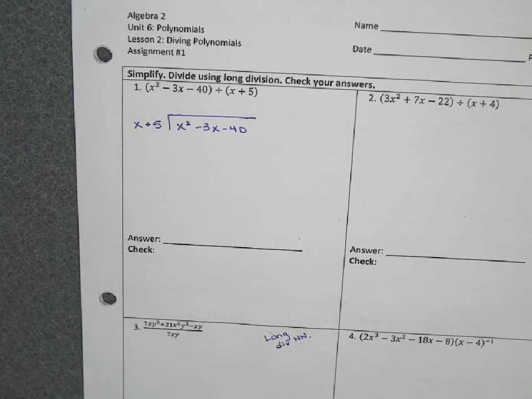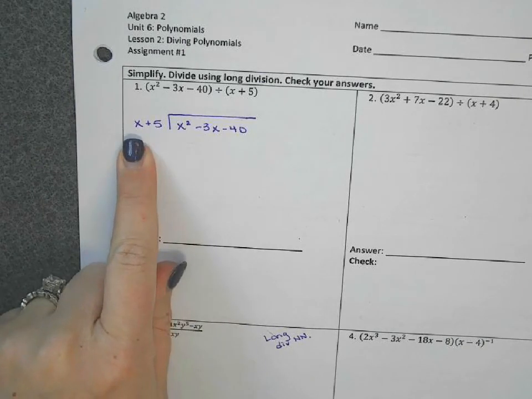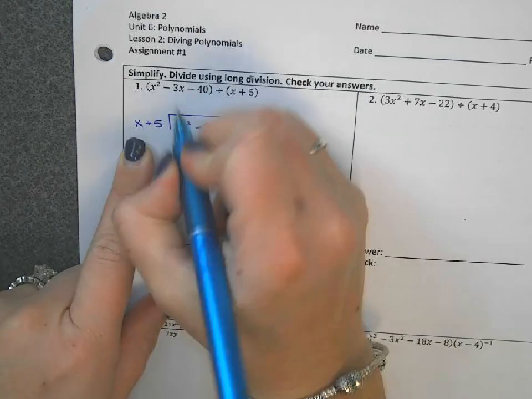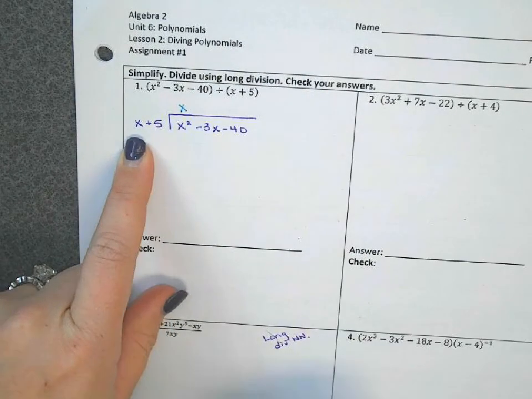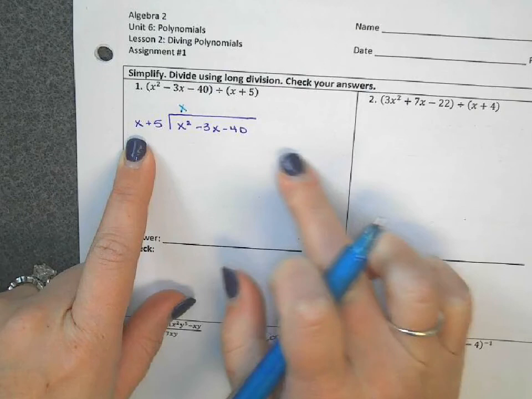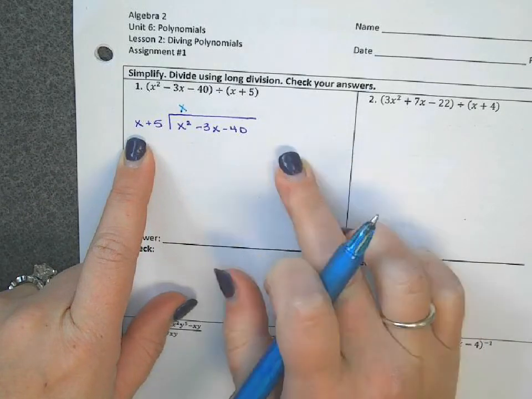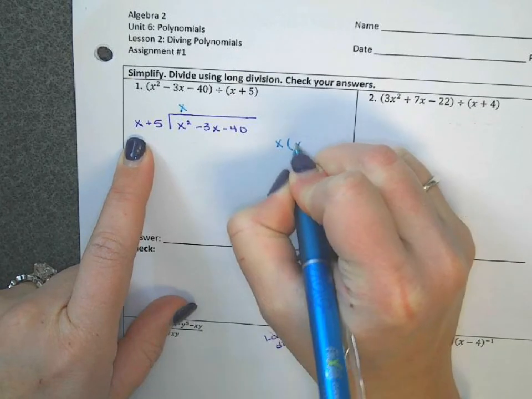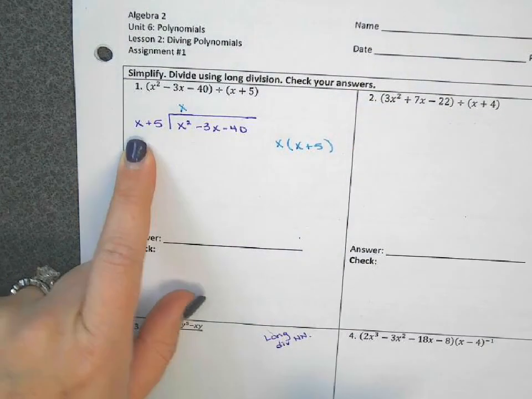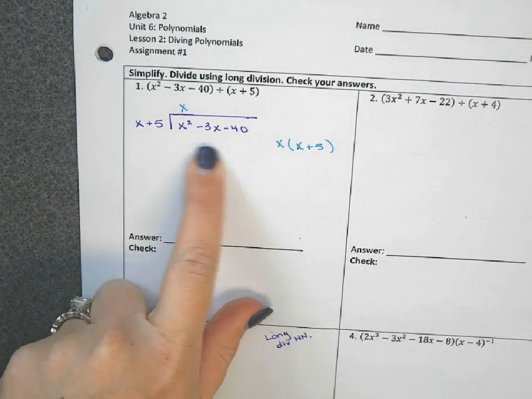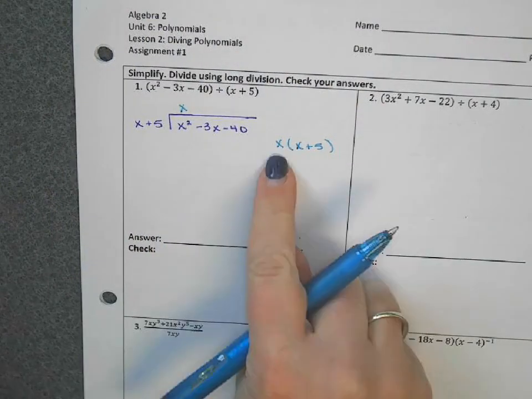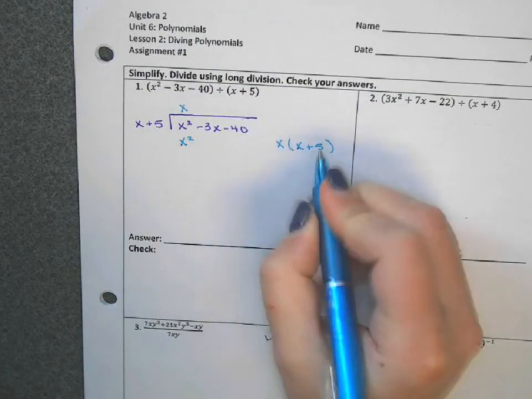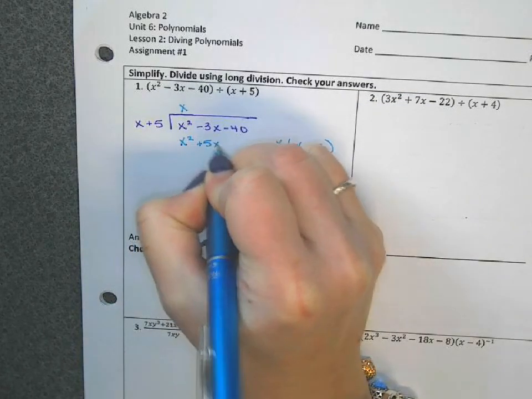Okay, now, x times what will give me x squared? So we're going to write an x up here. What is my math problem over here I have to do off to the side? X times x plus 5. Good. Once I figure out what that is, I'm going to write it under here. X times x is x squared. X times 5 is 5x.